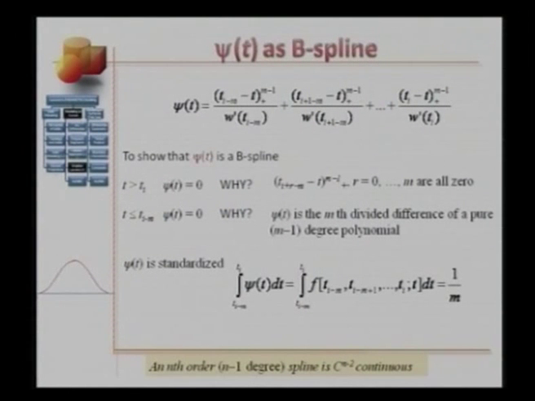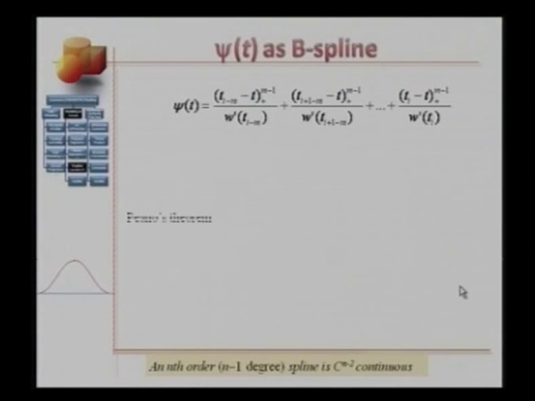It would be a little difficult for you to grasp this at this time, but we'll show you this very soon. We will show that this integration is equal to 1 over m using Peano's theorem that says that m minus 1 factorial times g within square parenthesis ti minus m, ti minus m plus 1 up till ti, colon t, where g could be any function here, and this expression is the mth divided difference of g, is equal to the integration from ti minus m to ti of psi t times the mth derivative of g times dt.